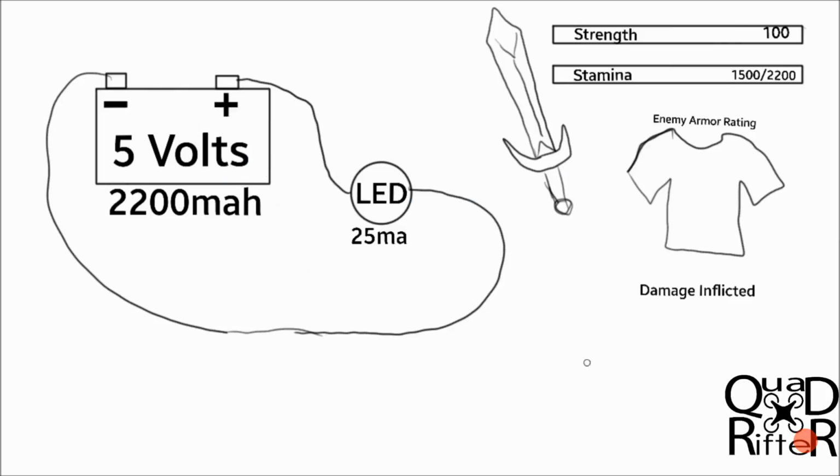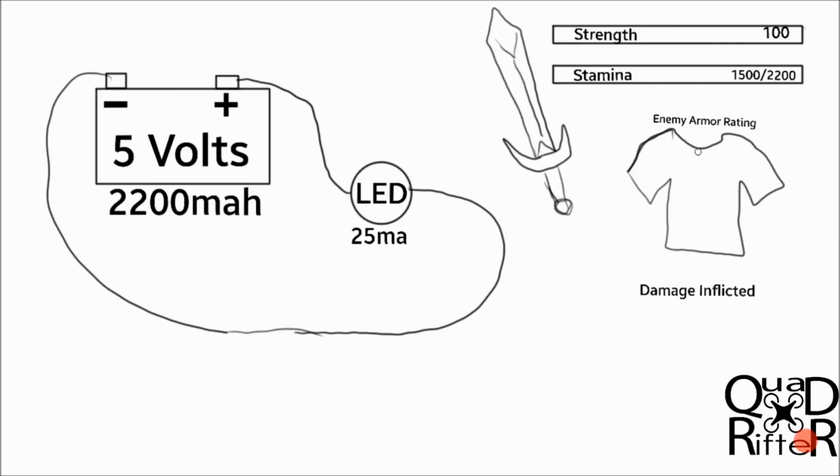And over here, for you video game nerds, I was thinking about this, you can compare the voltage of a battery to the strength of your character in an RPG. You can compare the milliamp hours, or the amperage, to the stamina.